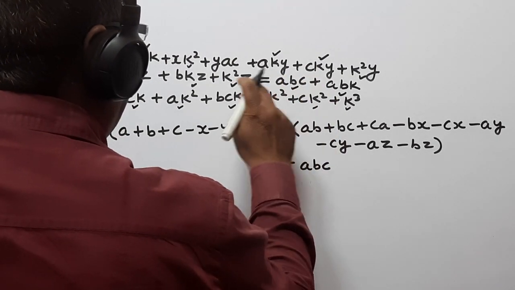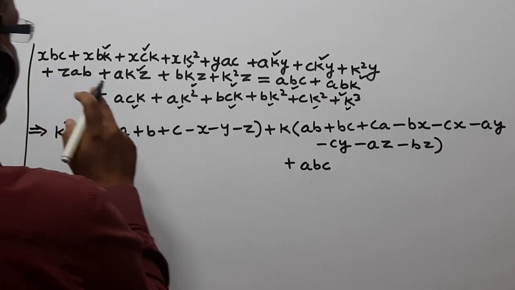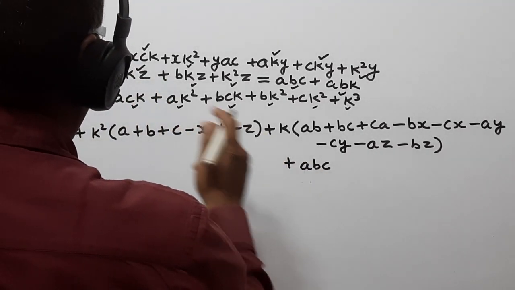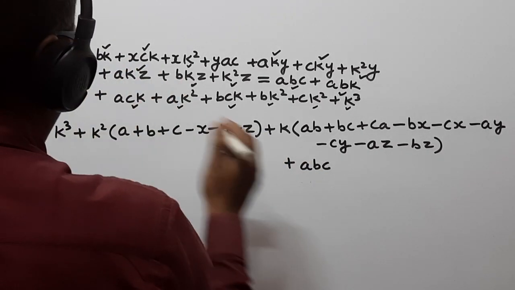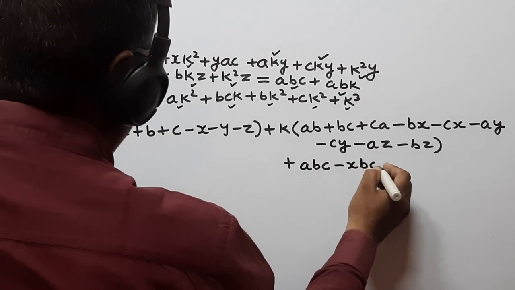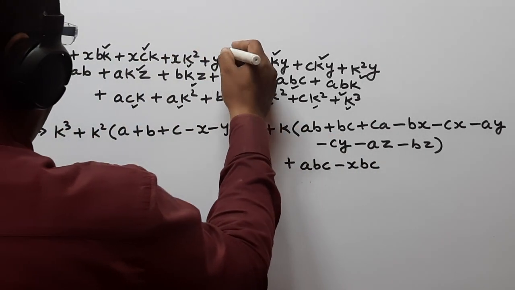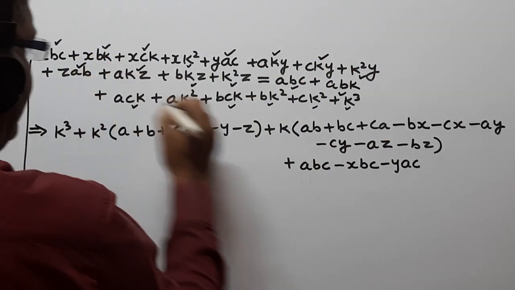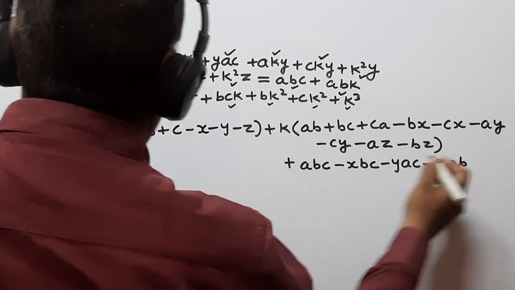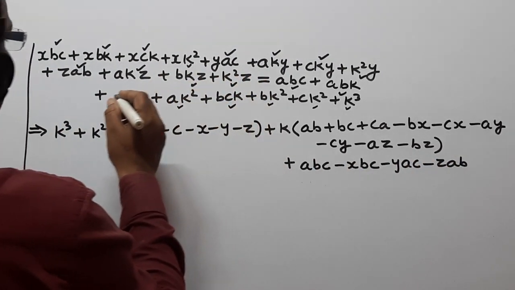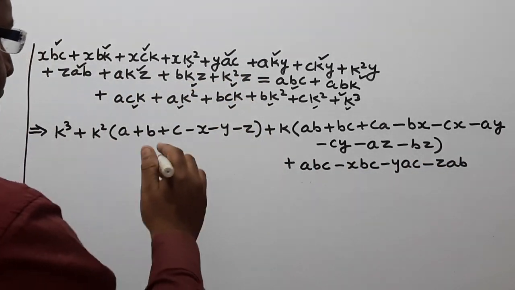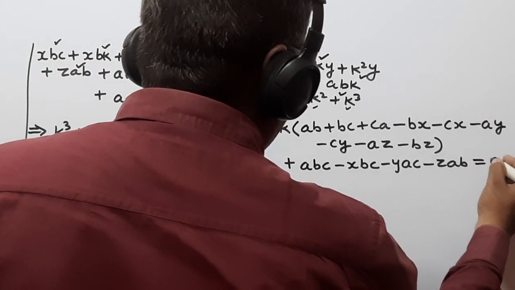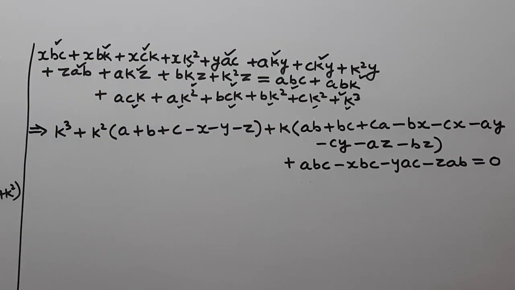Here you can see this is abc, and from the left hand side we can write xbc, yac, zab. So you can see that this is the equation in k cube. This is the cubic equation in k.